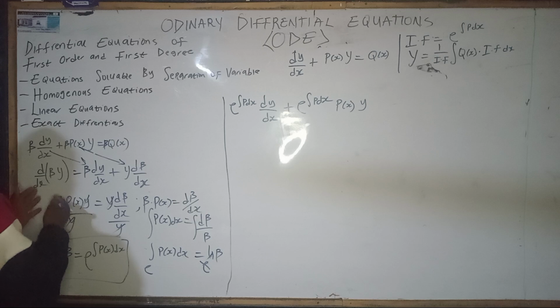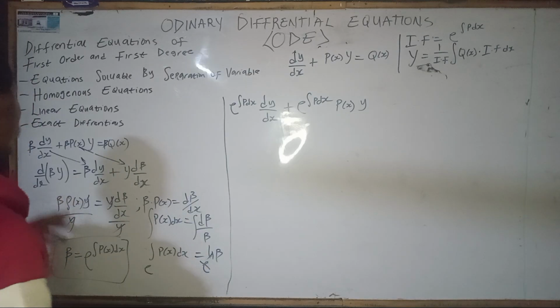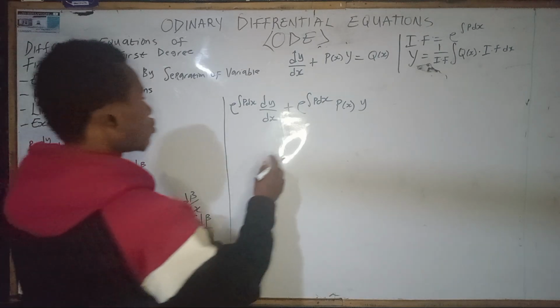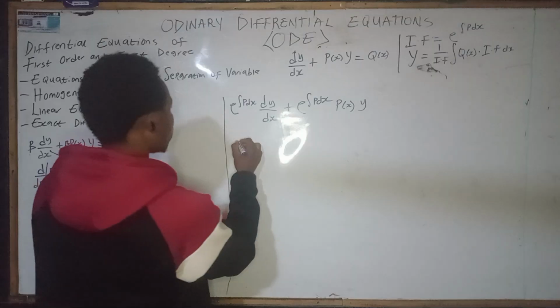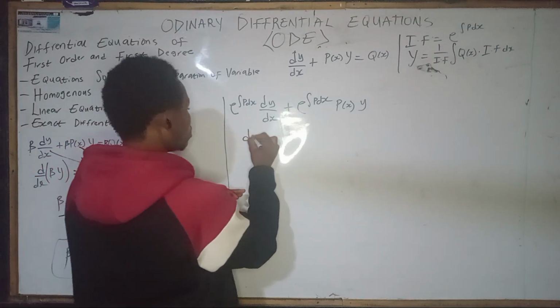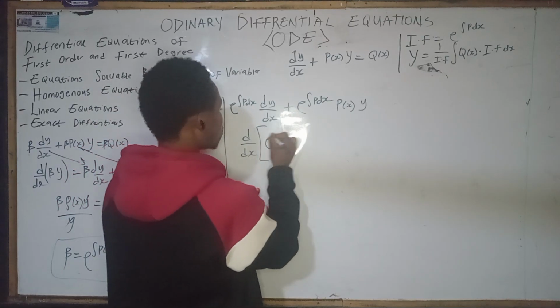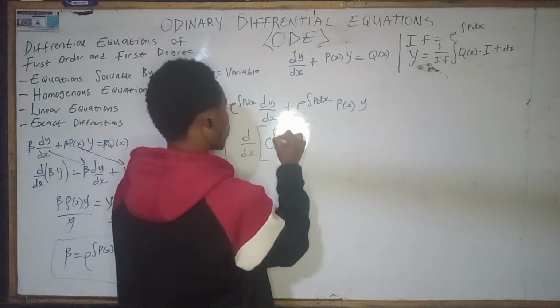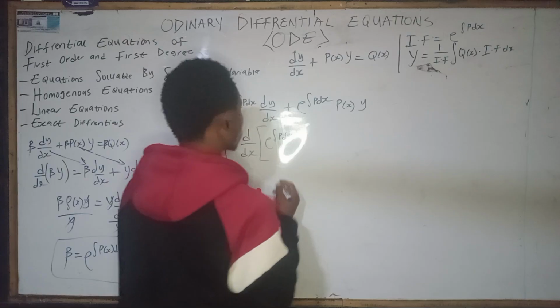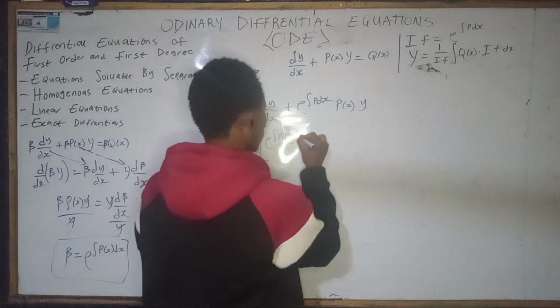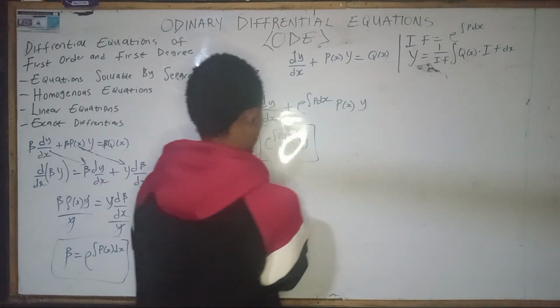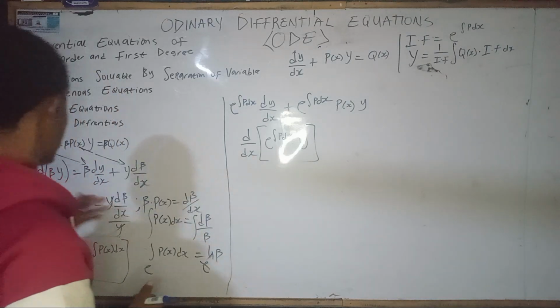So now let us look at that. Everything here can be simplified into d/dx of e raised to the power of the integration of p dx multiplied by y here. So now this is the particular form in which you can get this.